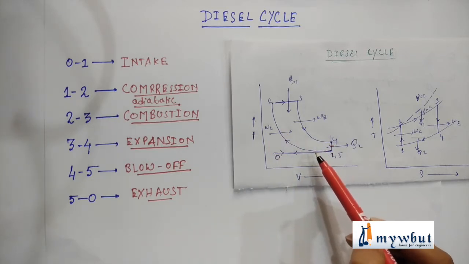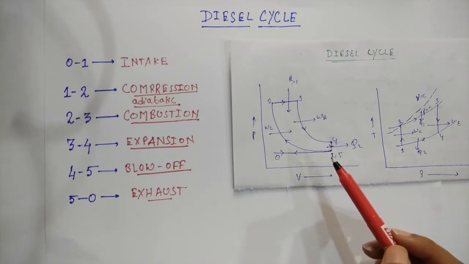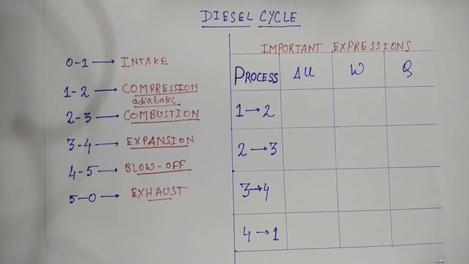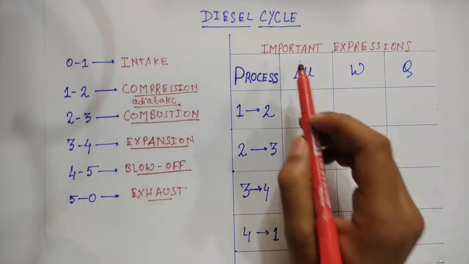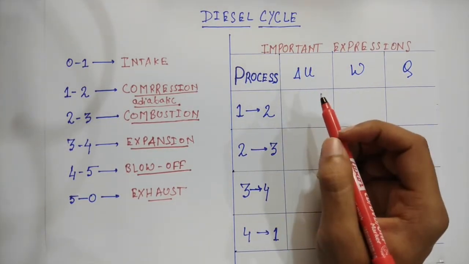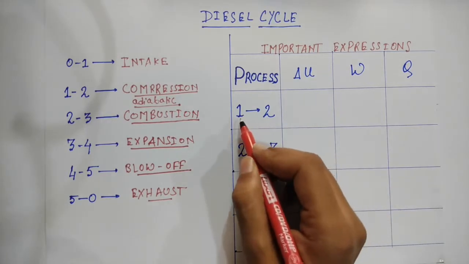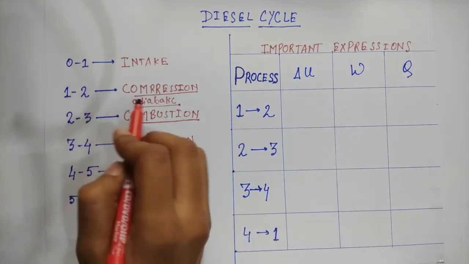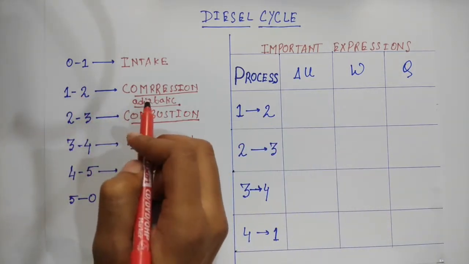Now we will proceed as before we have done in the Otto cycle with the important expressions. Now from the exam point of view, as I have already told for Otto cycle, we also have the important expressions for the diesel cycle. Let me write those expressions for you. The process 1 to 2, as we have seen, it's an adiabatic compression process.